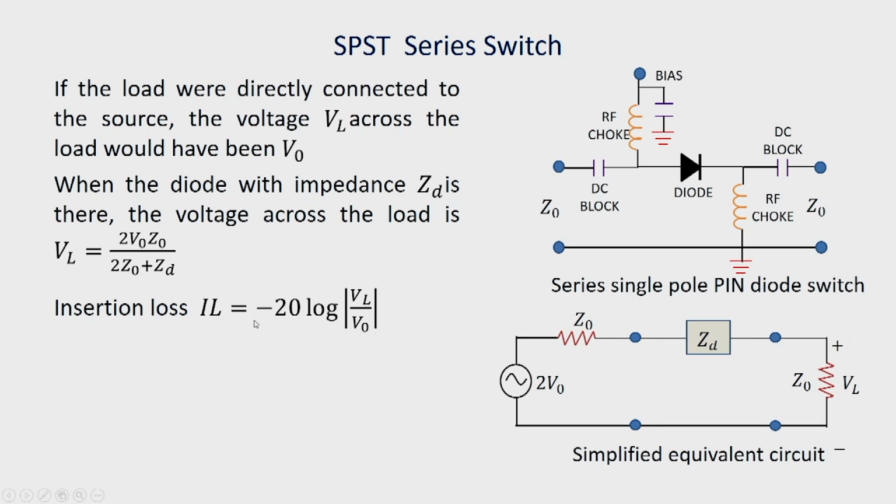So, insertion loss is minus 20 log VL by V naught, and from this expression we can calculate VL by V naught, and once we substitute this, the insertion loss becomes minus 20 log mod of 2 Z naught divided by 2 Z naught plus ZD. So, this is the insertion loss for a series switch.